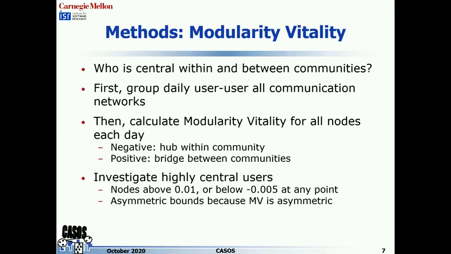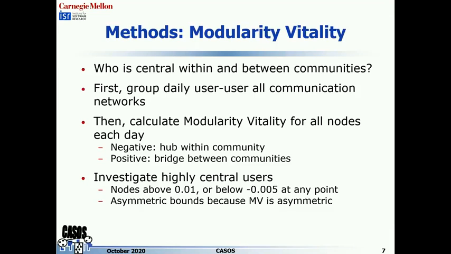We use all of that to make the adjacency matrix of the graph per day. Then we calculate the modularity vitality of all the nodes. If we get a negative modularity vitality, and we know it can go from -1 to 1, the negative value means that node itself, that day, acted as a hub within a community. While if it's a positive value, then we know that node, that day, acts as a bridge between communities.